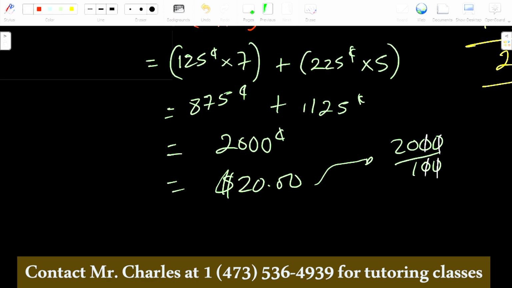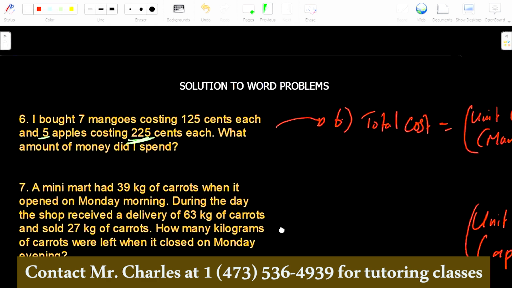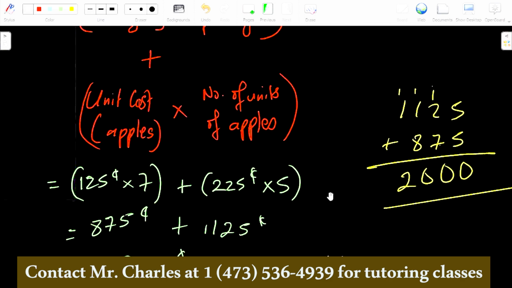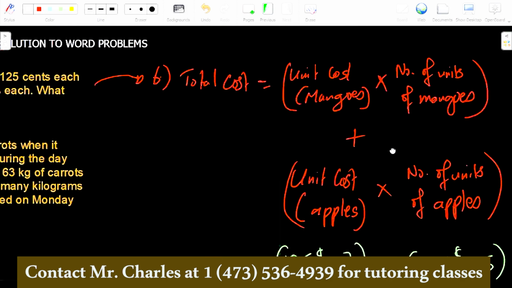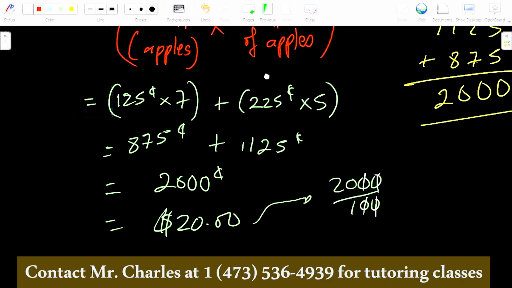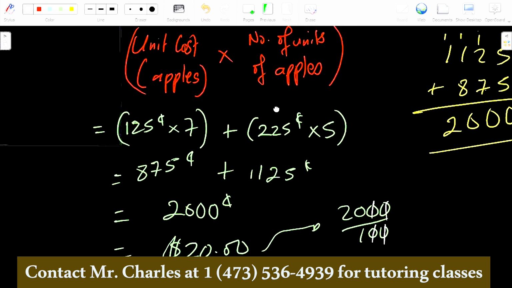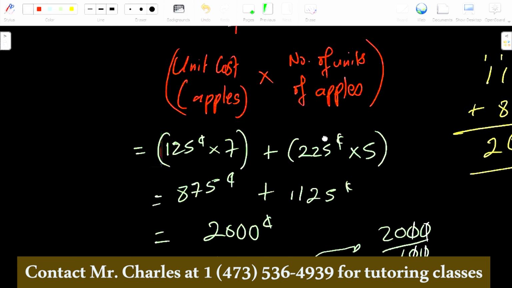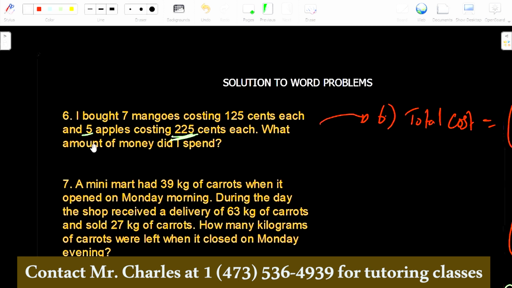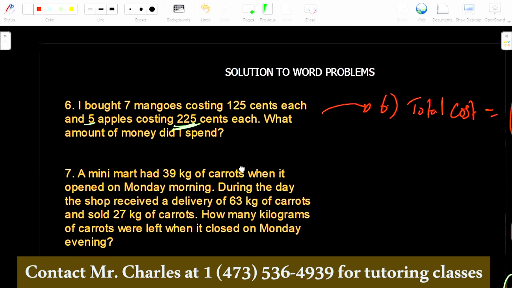So the answer for number 6 is $20, or 2,000 cents. That's the total amount of money spent on the mangoes and the apples.